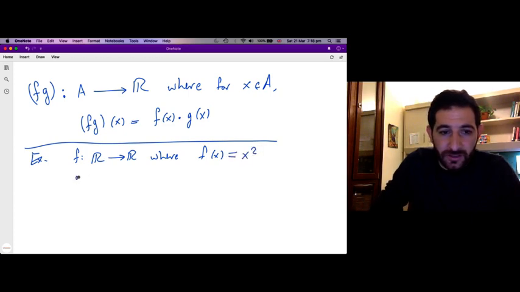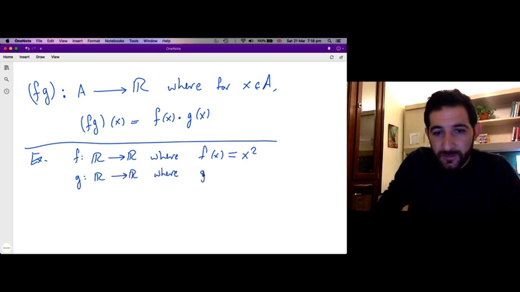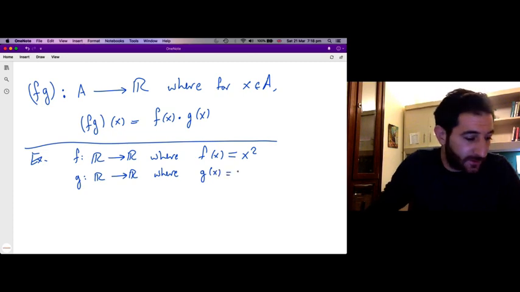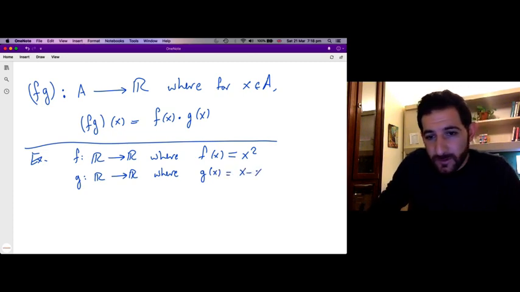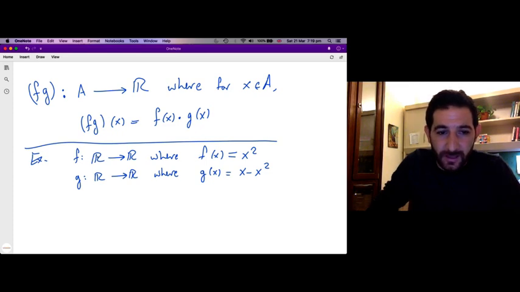And g is a function from R to R again, where g of x is x minus x squared. So you see that this is a function, it takes an input x in R, and its image, the output, will be x squared.